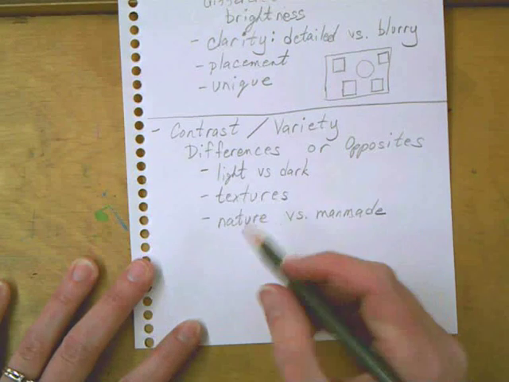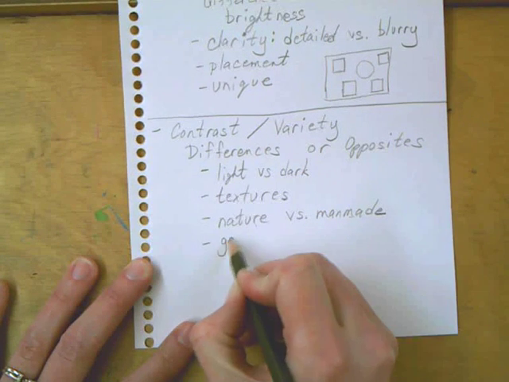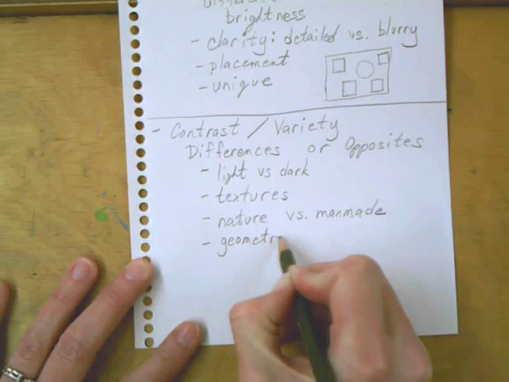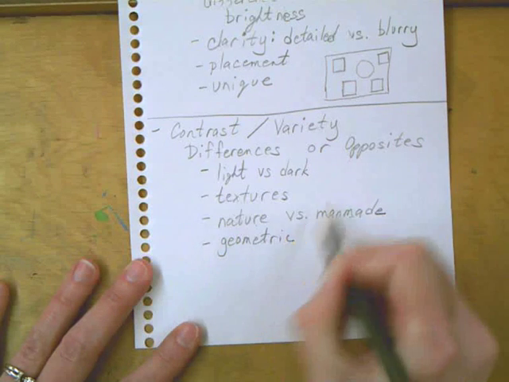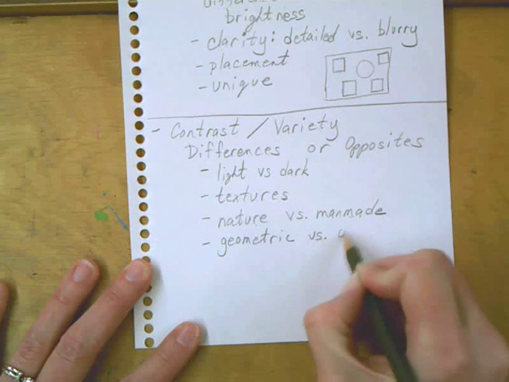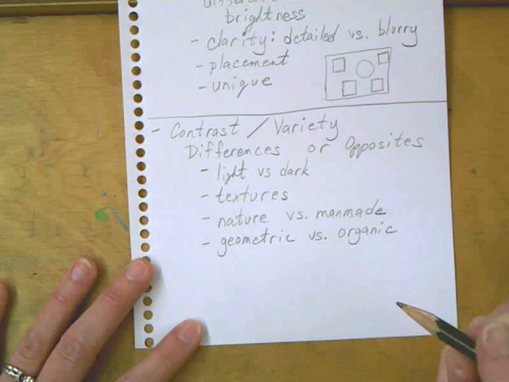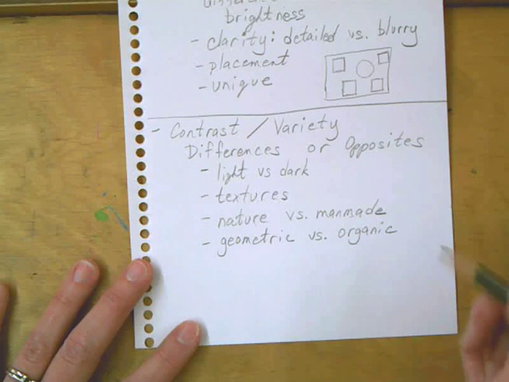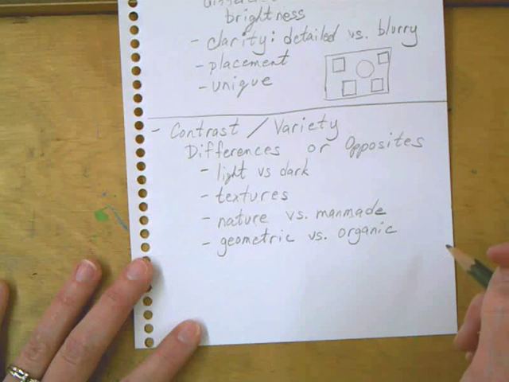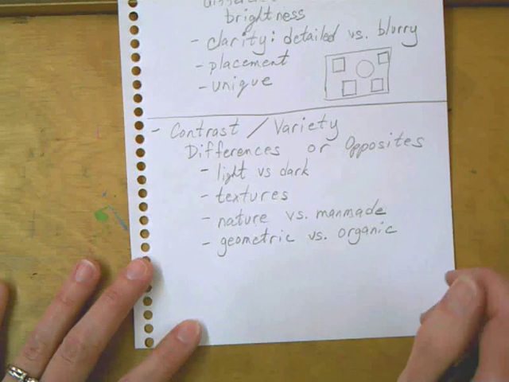The park bench, the man-made thing. Could be geometric versus organic. So circles, squares, triangles, rectangles versus organic blobs.